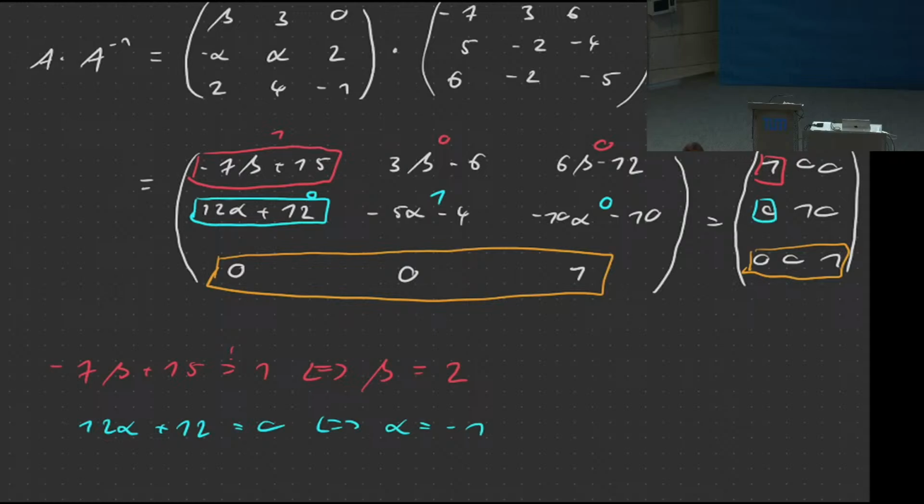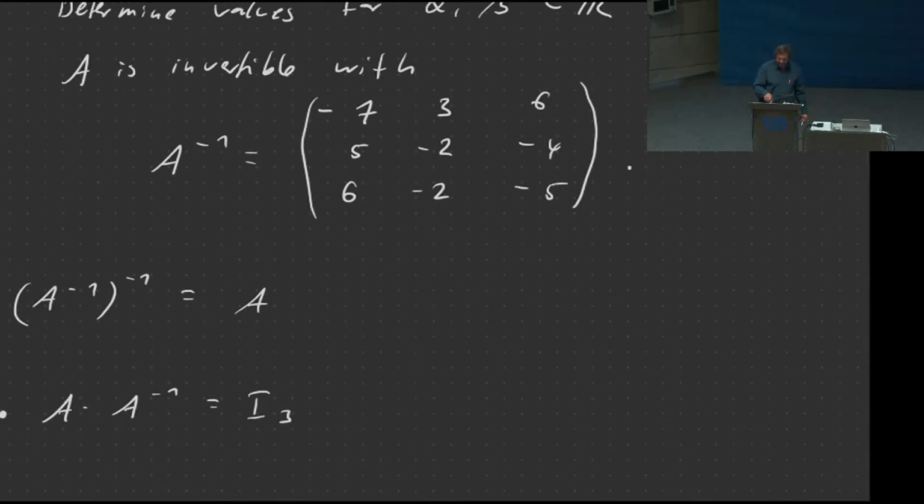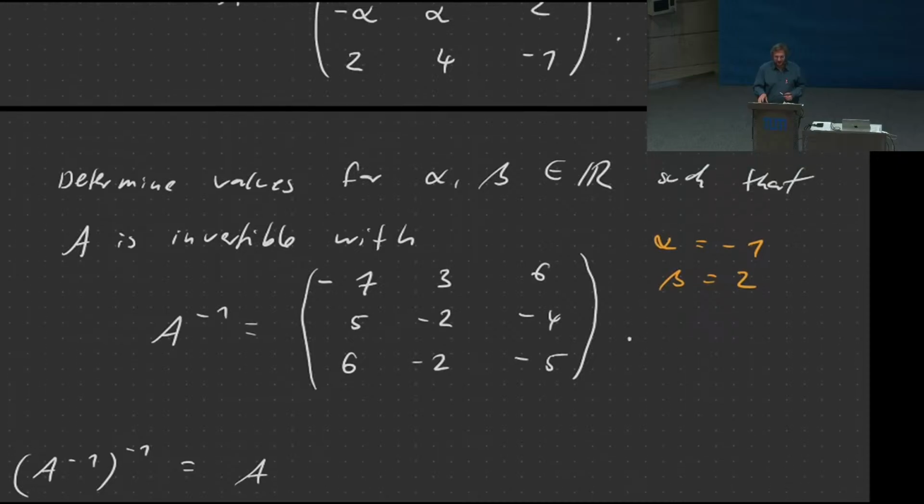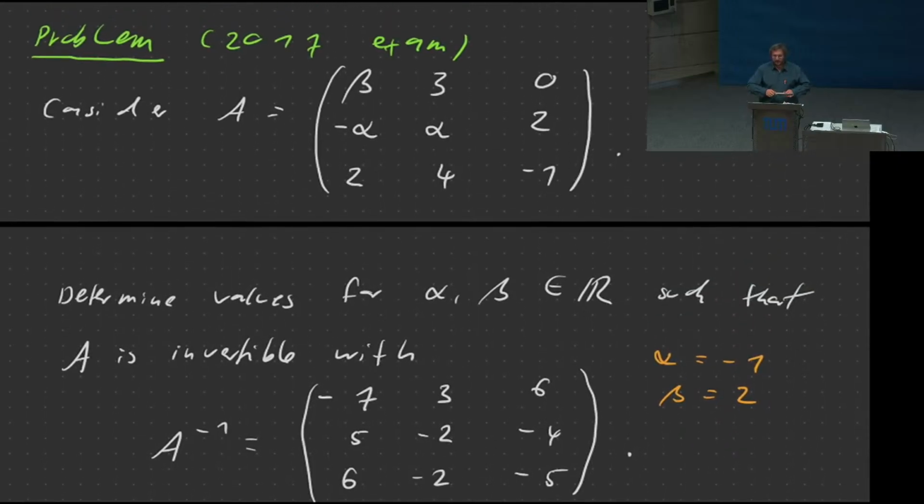So A inverse is given, and what is the question? I'm not sure if I got that right. So you're saying the inverse of A was given in the problem statement, right? And your question is, do we have to show that again? So do you have to prove that A is actually invertible?